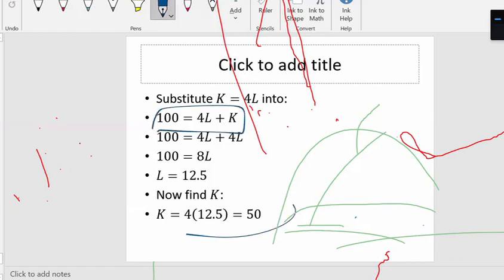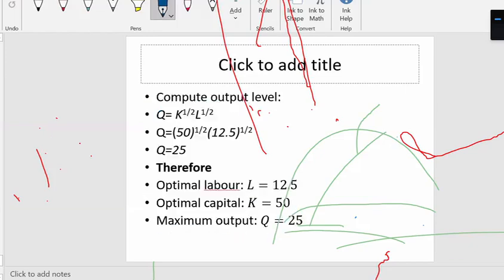Ukisubstitute hapo you'll get optimal level ya output. Ukishapata L na K just substitute in the equation. Kwa utajua maximum level ya output unatakiwa kuzalisha and you have to know the level that will maximize that output.